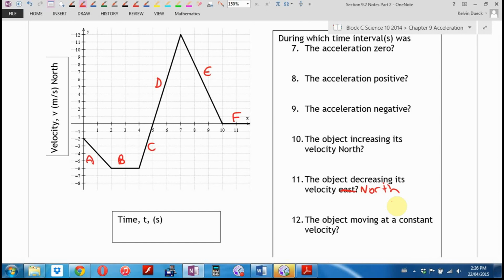It's moving at 6 meters per second south, or you could say negative 6 meters per second. And here, not only is it moving at a constant velocity in section F, what is its velocity in section F? 0. Cam, what's another fancy word for a velocity of 0? It's stopped. But the stopwatch kept running.